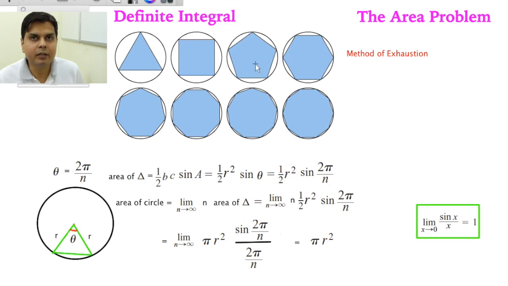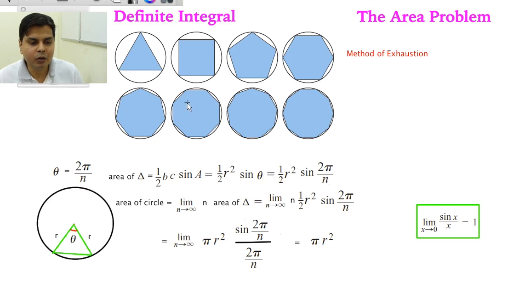It is decreasing in area. So he thought, if I make a very large-sided regular polygon, that is, if n goes on increasing, then ultimately the area of this circle will be exhausted.